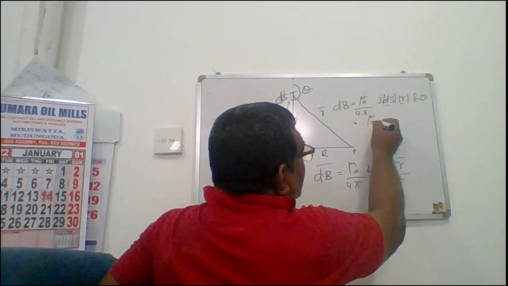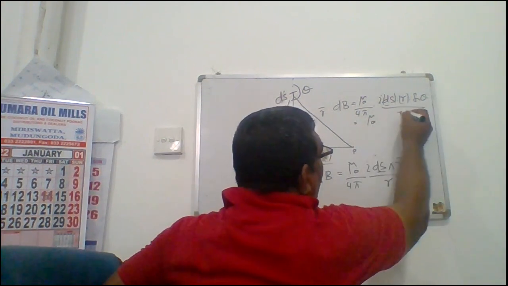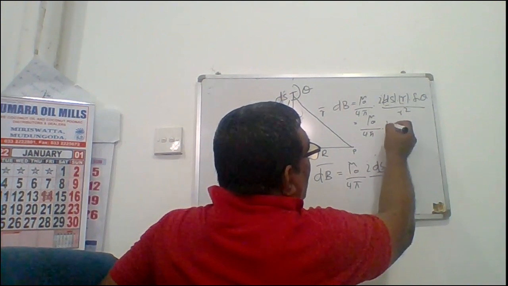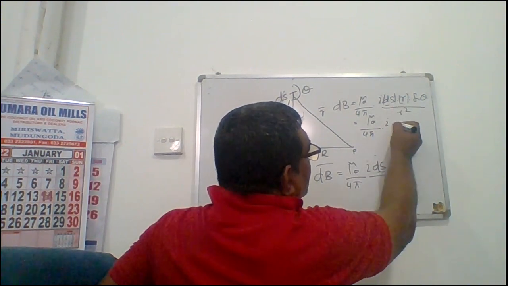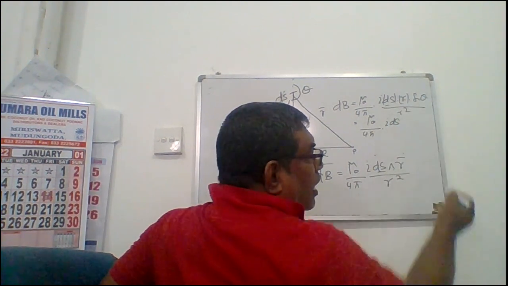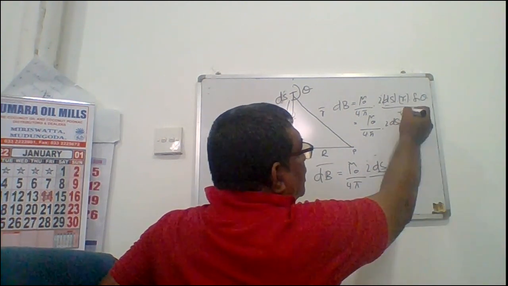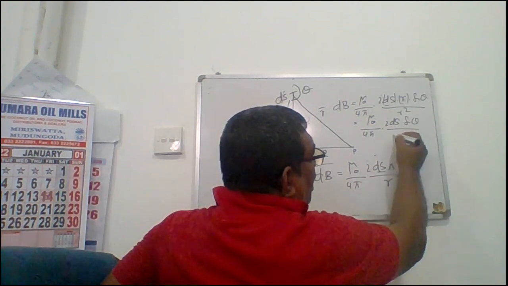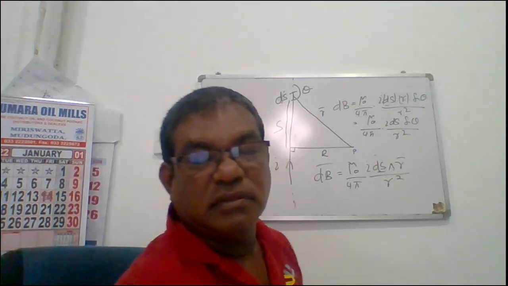So therefore, that will equal mu naught divided by 4 pi, I, modulus of ds, and the modulus of the unit vector is equal to 1, sine theta divided by r square.